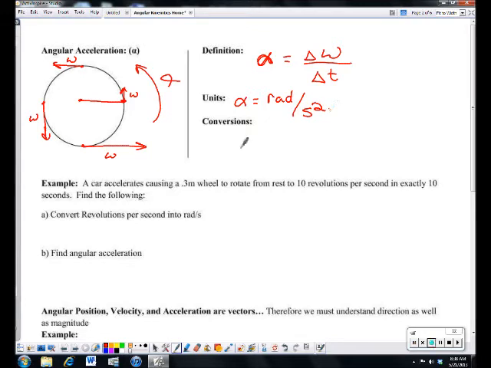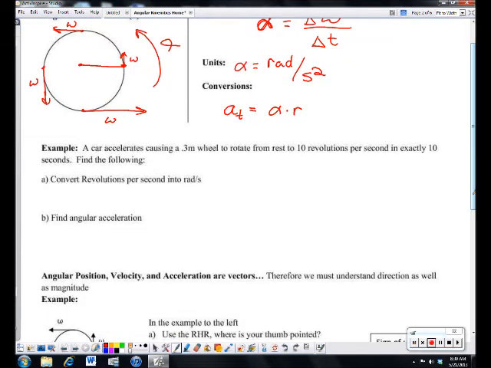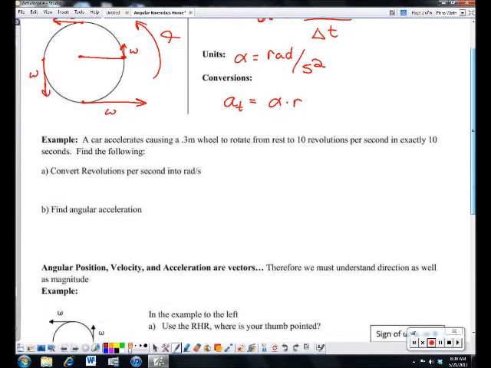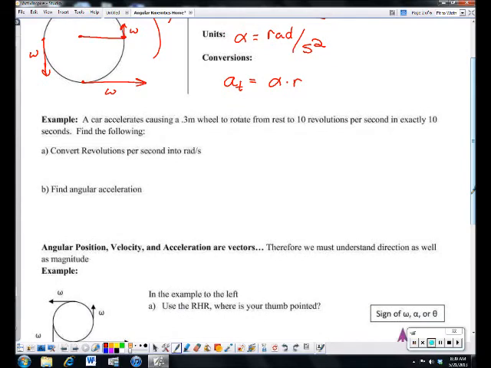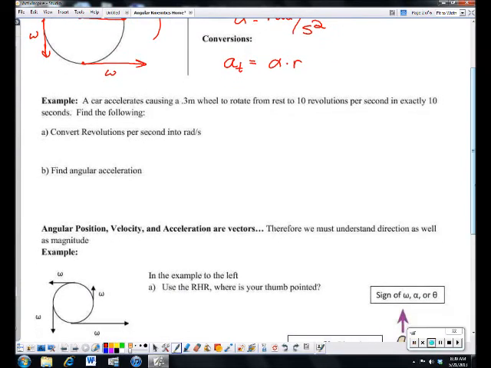The only conversion we really need to know is if I wanted to know actual tangential acceleration, actual tangential values in meters per second squared, then I would simply take my angular acceleration and once again multiply by r. This is going to be an important case because anytime in circular motion, we also have centripetal acceleration, so we actually might have two accelerations simultaneously. Good news is one's pointed towards the center, one's pointed tangentially, and so they always form a right angle.